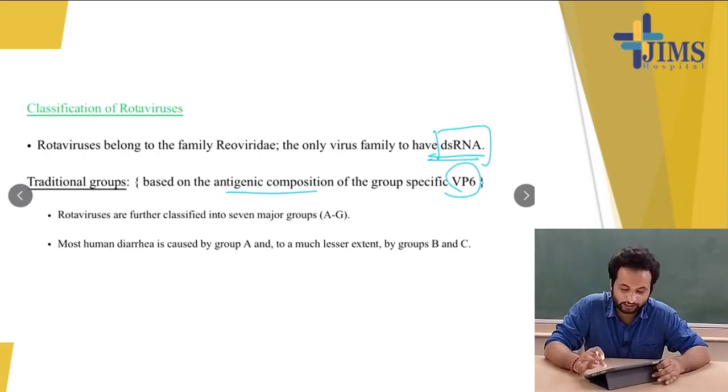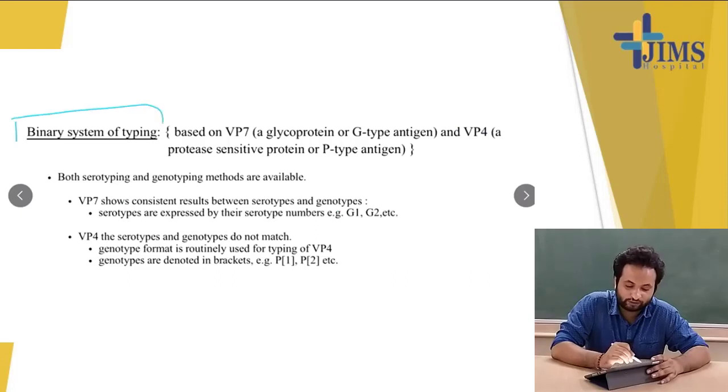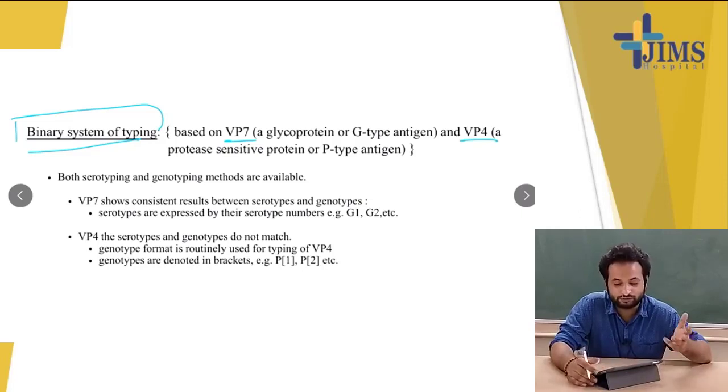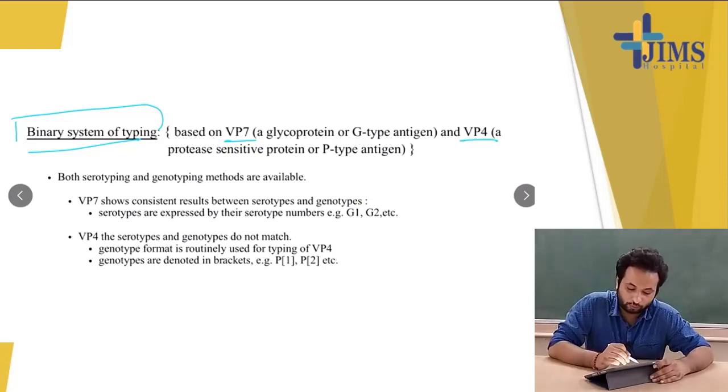And then there is the binary system of typing, which is based on VP7 and VP4. VP7 is a glycoprotein, or G type antigen, and VP4 is a P type antigen, or protease-sensitive protein. Both serotyping and genotyping can be done by this binary system of typing.